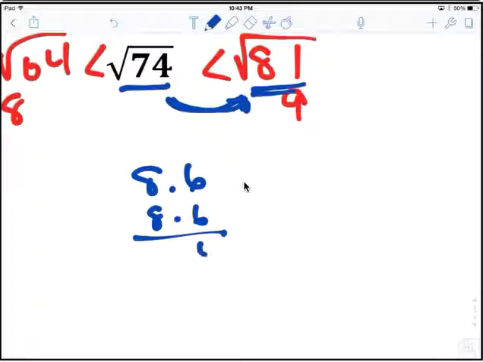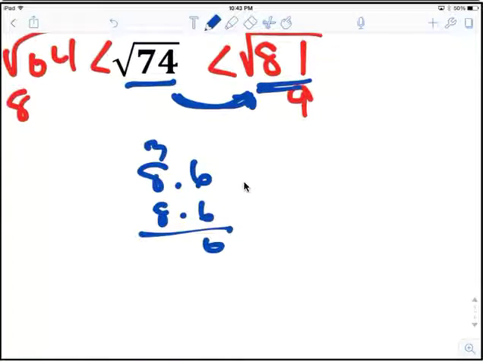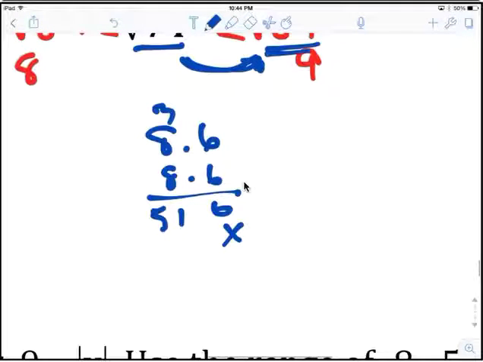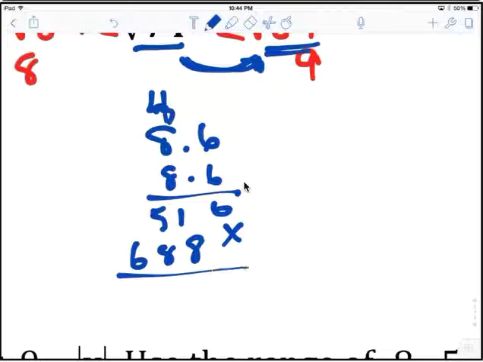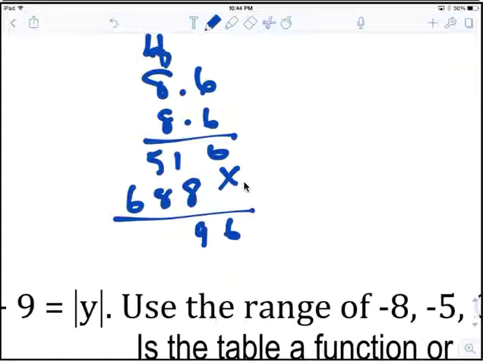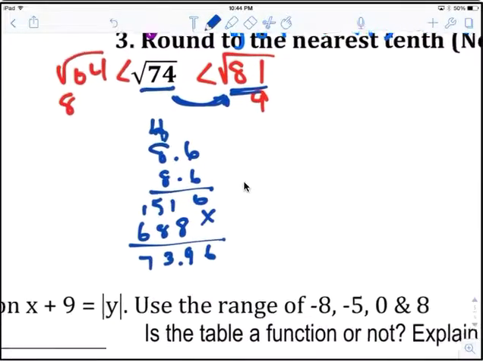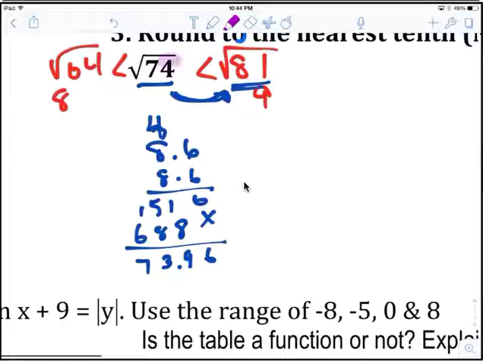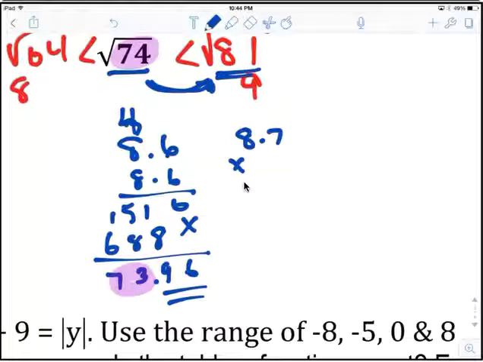8.6, 48, 51, 48, 64, 68. Still under. It's still under. Look at that, very close though. I doubt it'd be 8.7, but let's try.